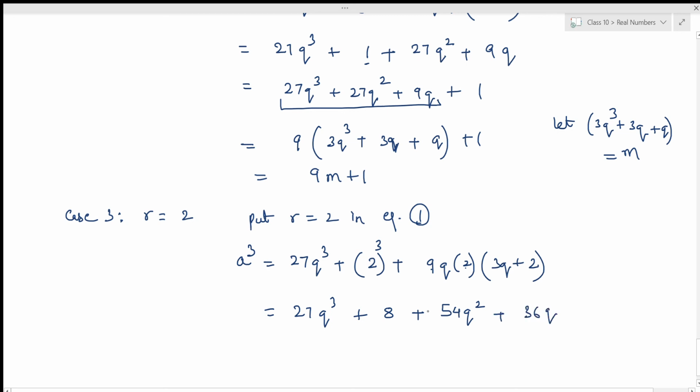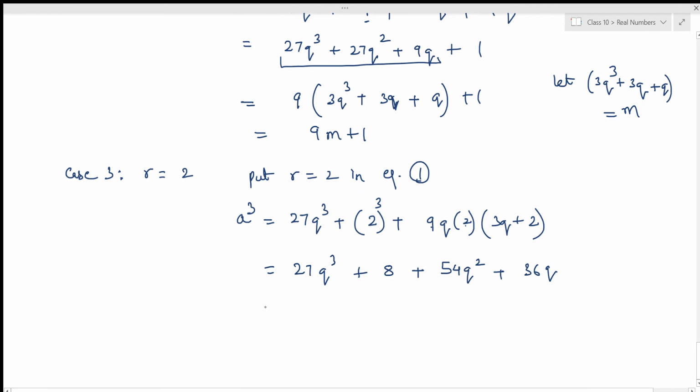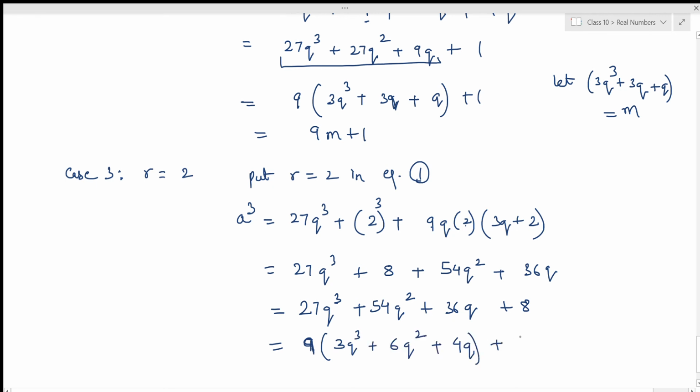Again, I can take 9 common except 8, so 8 I will bring at the end. So you have 27Q cube plus 54Q square plus 36Q. You can take 9 common. You don't need to take Q common because 9 is only required. That will become 3Q cube plus 6Q square plus 4Q, plus 8.